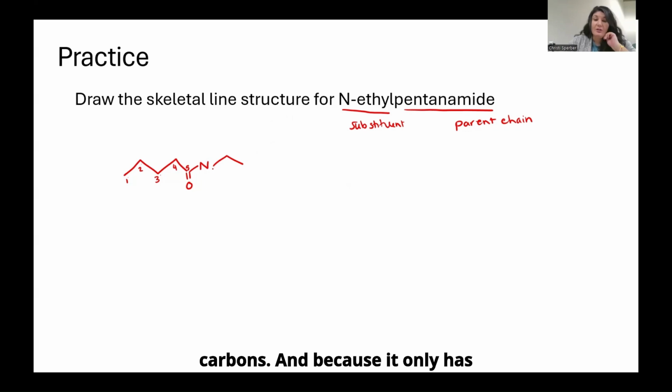Because it only has one substituent, there's only one N here, one locator with one substituent. The other bond to nitrogen has to be hydrogen. So this would be the skeletal structure for N-ethyl pentanamide.